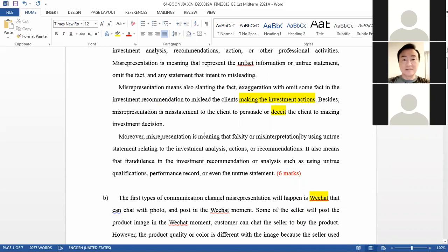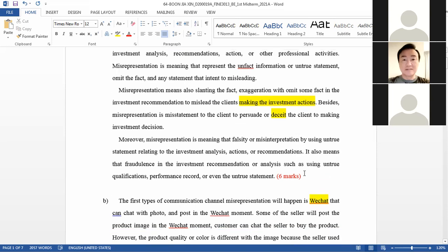Anyway, your grammar is still wrong. Moreover, misrepresentation means that falsity or misinterpretation by using untrue statement. But anyway, you already mentioned the point, so I gave you 6 marks.